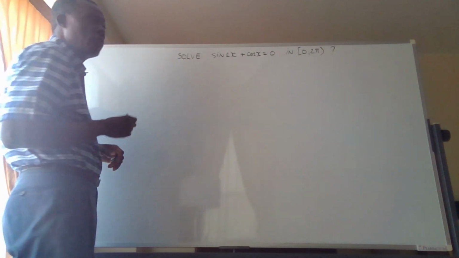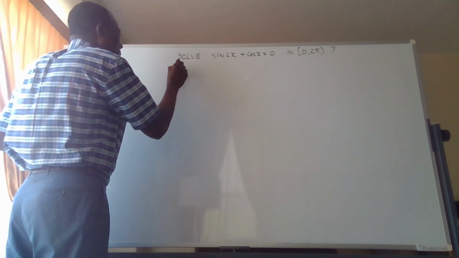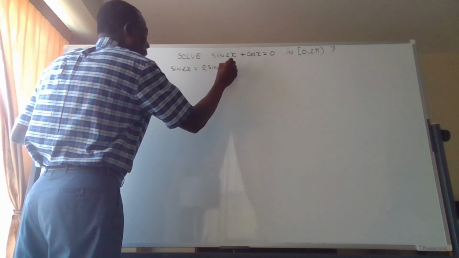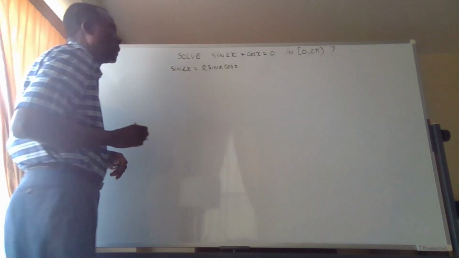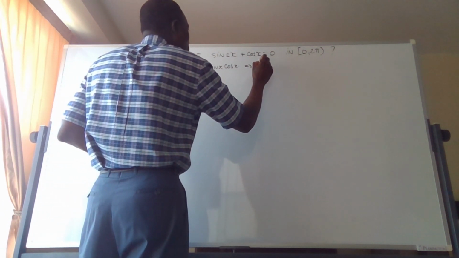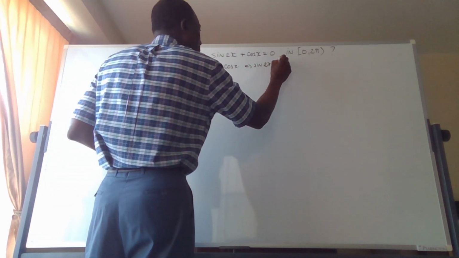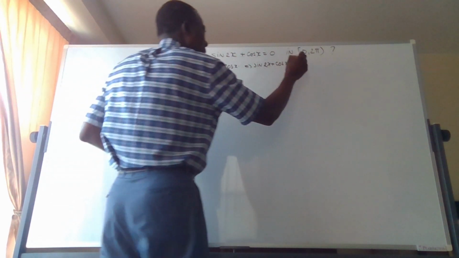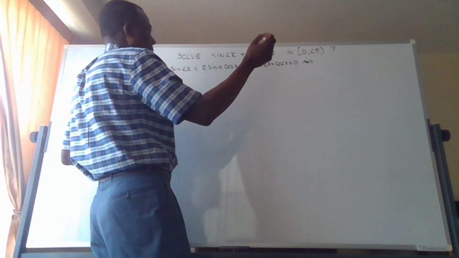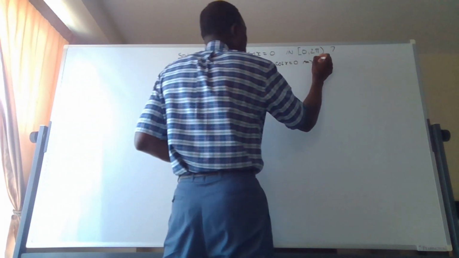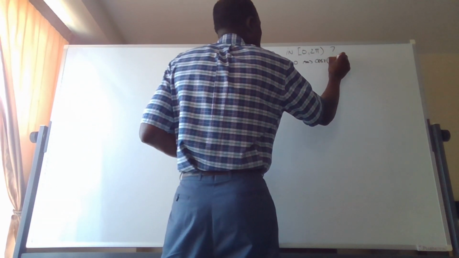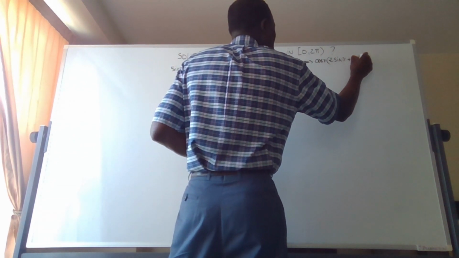To do that, we're going to transform sin 2x: sin 2x equals 2 sin x cos x. Therefore, sin 2x plus cos x equals 0 is equivalent to cos x multiplied by (2 sin x plus 1) equals 0.